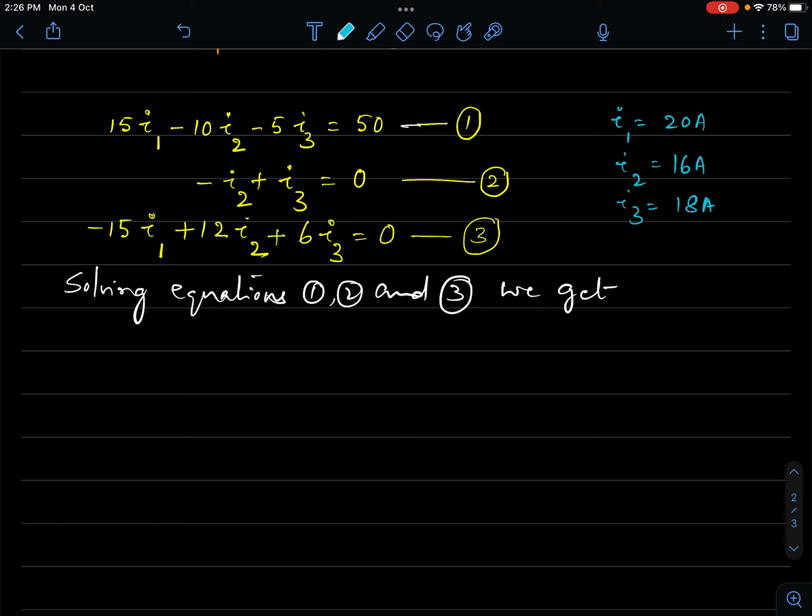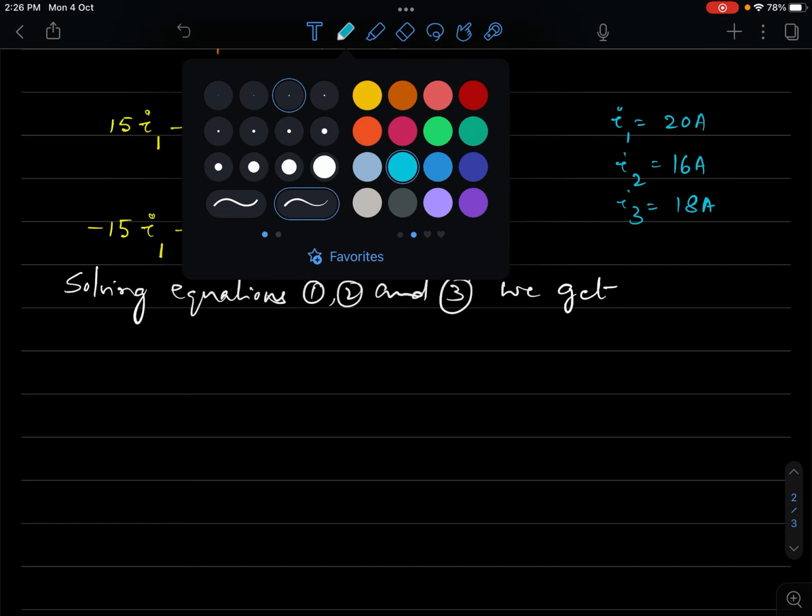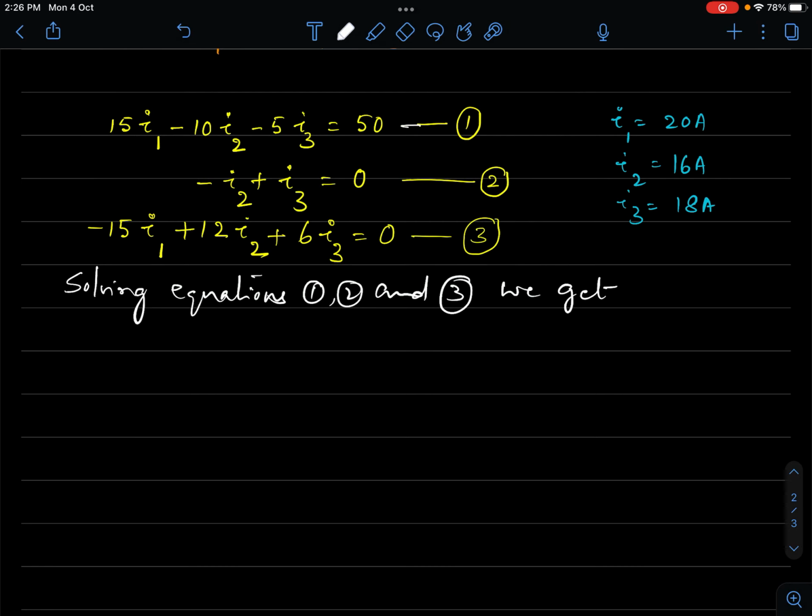This is how you get the results. Okay? You can write it this way. This is your result. The 3 are the loop currents.